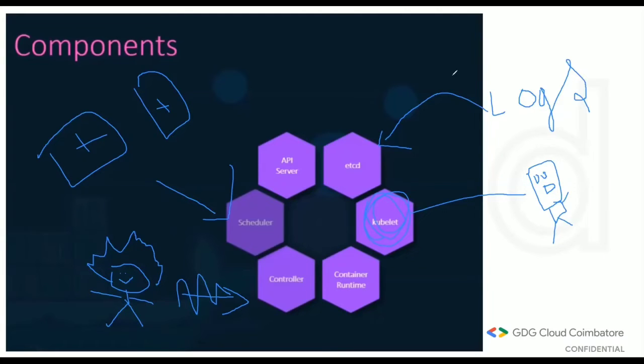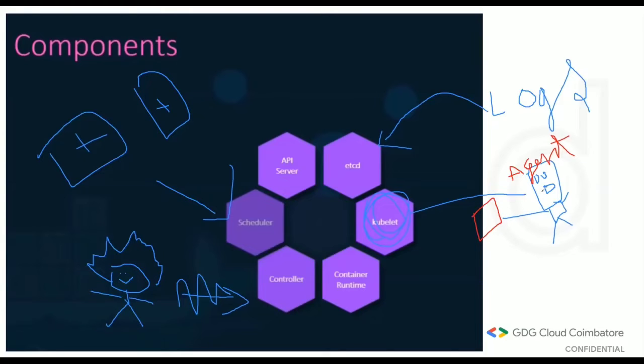I can use the other color. One second. Right, it's an agent. Okay, kubelet. The kubelet is the agent that runs on each node in a cluster. It will run on each separate node.